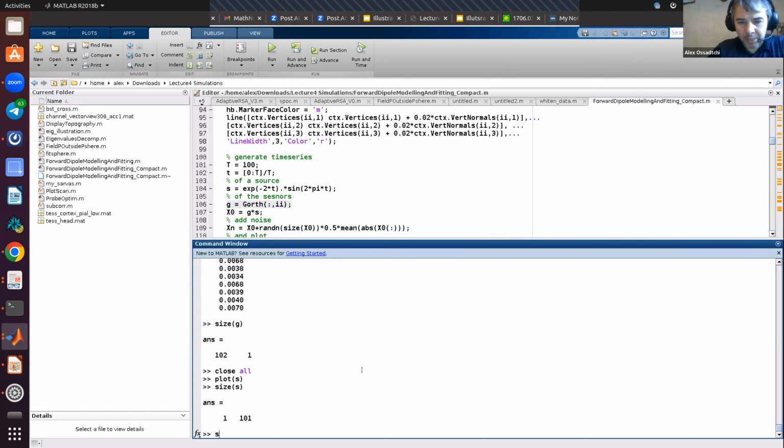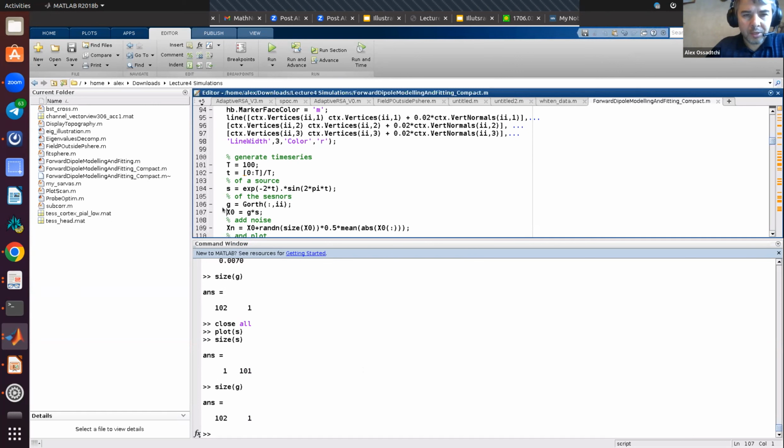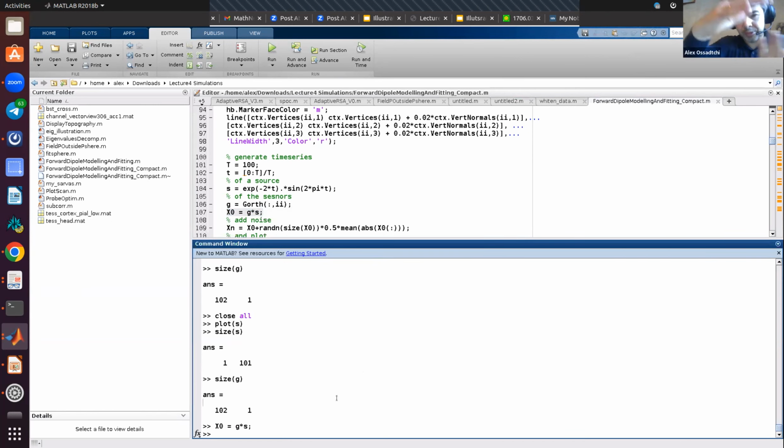We multiply it by the vector which is of size 102 by 1, and then you get a matrix, right? Let's call it x0, that is of the size 102 sensors by 101 time points, which we will be able to plot, right?